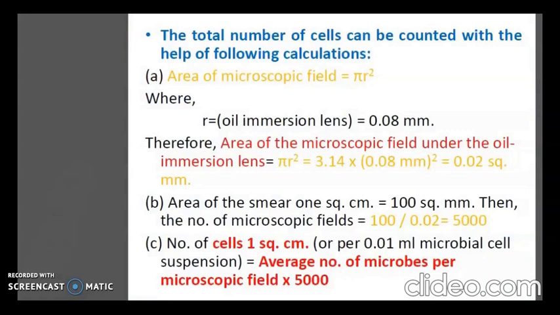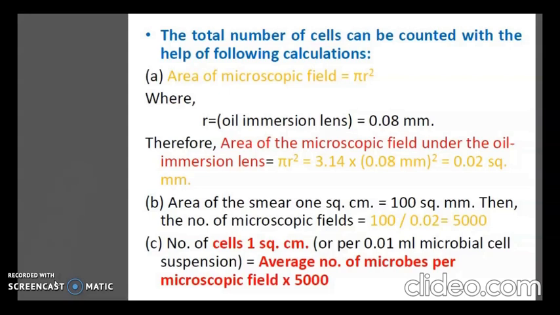In this, we can take the area of microscopic field as equal to pi r squared, where r is equal to 0.08 millimeter in the case of oil immersion lens. Therefore, area of the microscopic field under the oil immersion lens is pi r squared, and after substituting we get 0.02 square millimeter.